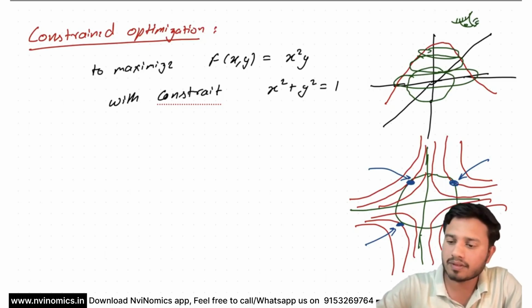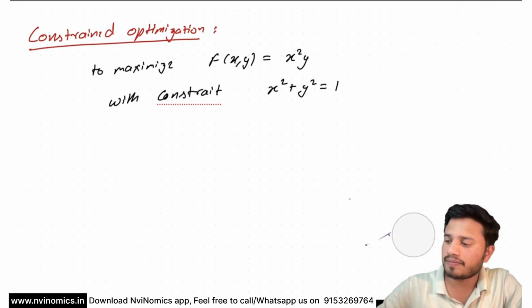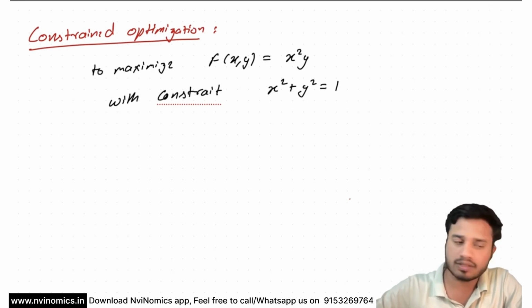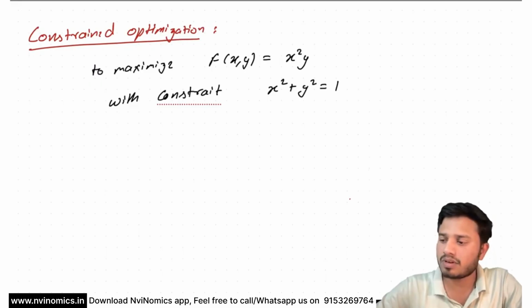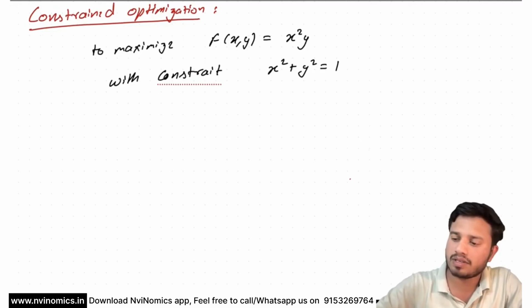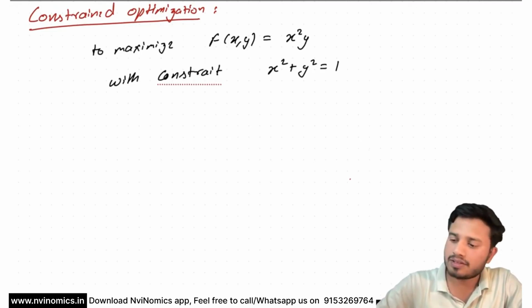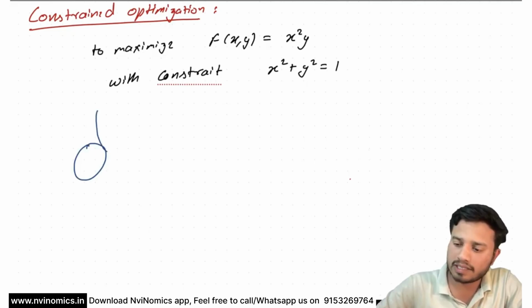Now just try to focus on one of these touching points, where it is touching. So we're just touching this. Okay, so we have a constraint and a contour line like this.